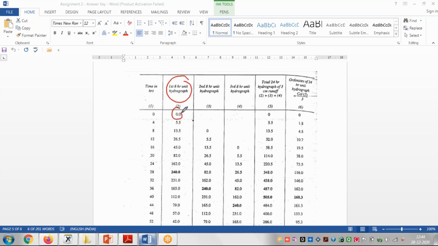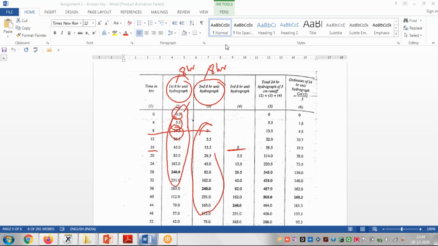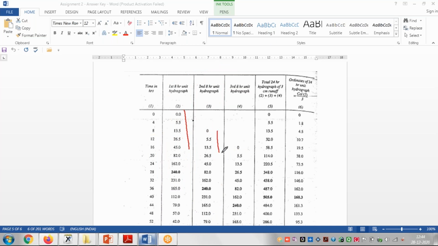Then the same ordinate is written from 8, because again this is an 8-hour ordinate, and again it is lagged by 16, meaning it starts from 16. The same ordinate is written in these columns. This is of 8 hours, this is also of 8 hours, and this is also of 8 hours.